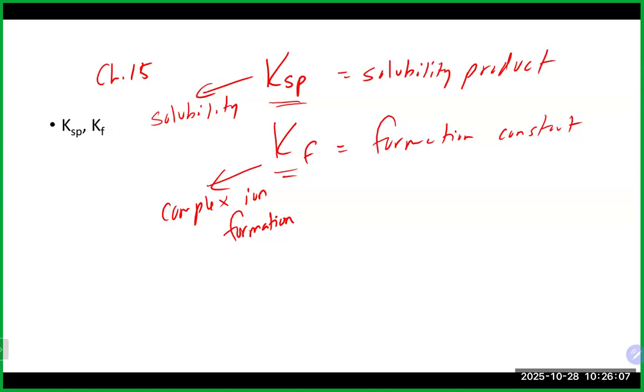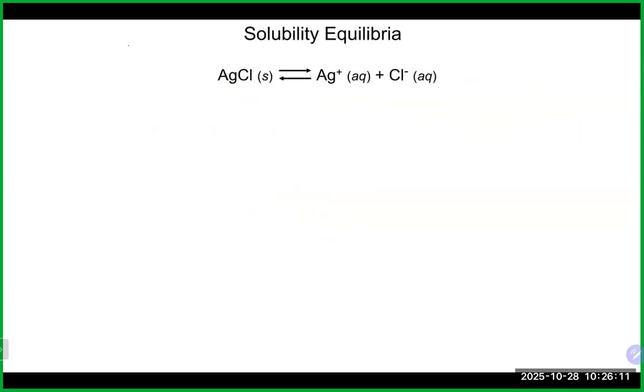So starting with KSP, KSP is the equilibrium constant really for things that are insoluble. So when you think about your solubility rules that you learned or saw or could find in a table, there are certain things that when they come together are classified as being insoluble and that you should expect a solid to actually form. One of the things we will see in this chapter is that's not always the case.